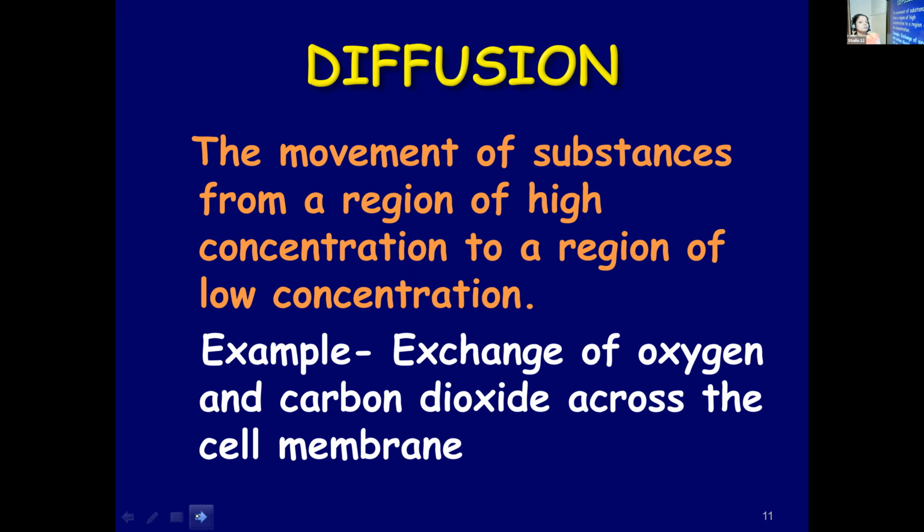Diffusion is the movement of substances from a region of higher concentration to a region of lower concentration. An example is the exchange of oxygen and carbon dioxide across the cell membrane. I'll repeat once again.